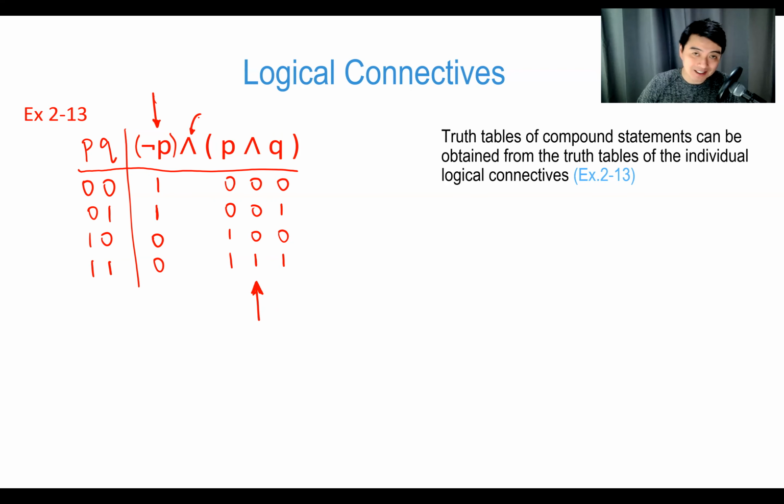And the process is actually very similar to math, right? We start from the innermost bracket and then we work out to the outermost bracket. So this is how we evaluate what a truth table looks like. Here we have an AND, and we're taking this column and ANDing it together. Now notice that in this case there are no cases where they are both ones, so the outcome is that they are all zeros.